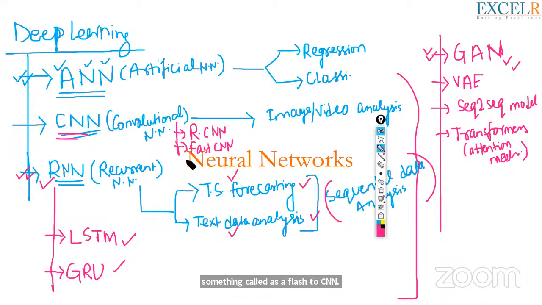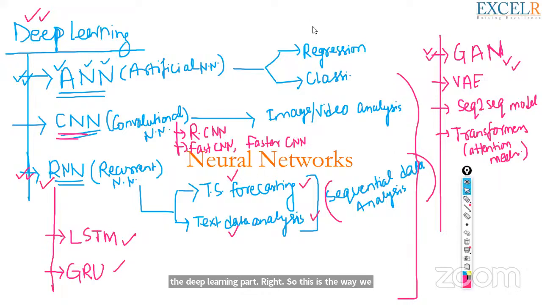And there is one more advanced version of CNN, which is called Faster CNN. So just giving you an idea of how things are arranged under the deep learning part, right? This is the way things are arranged under the neural network or deep learning.